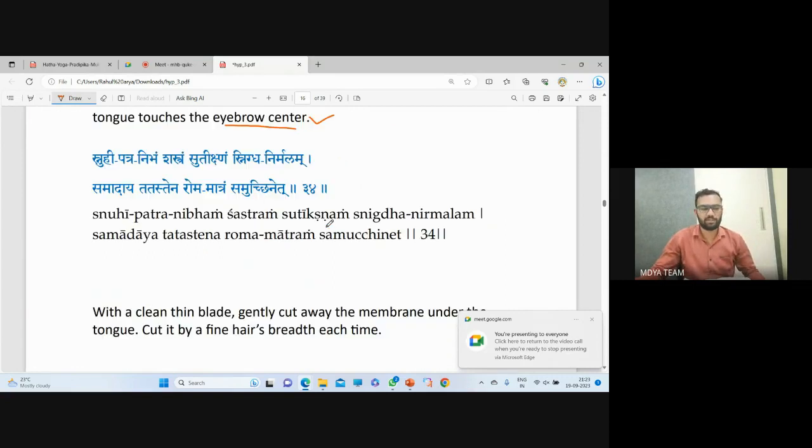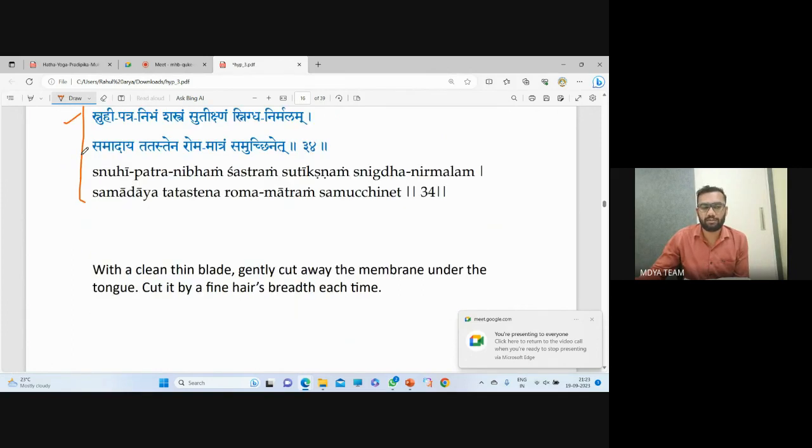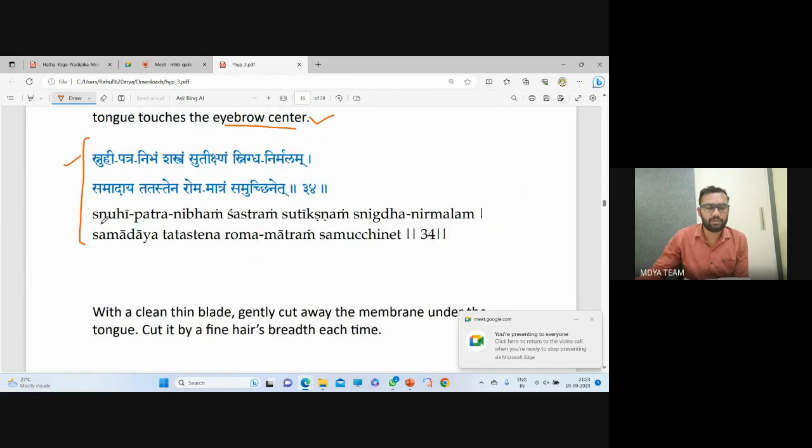Continue practice. And now, next stage, how we have to do Chedan. Which instrument can we use for the Chedan? That is Snuhi Patra Nibham.